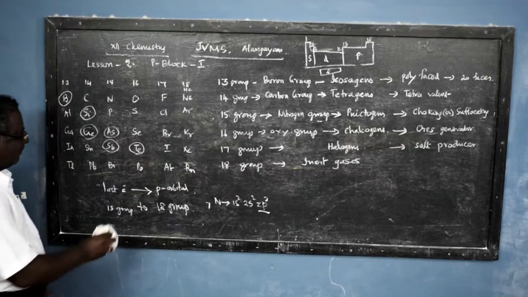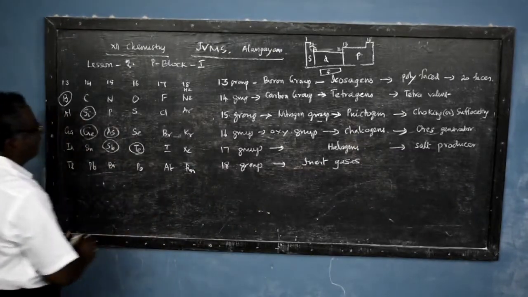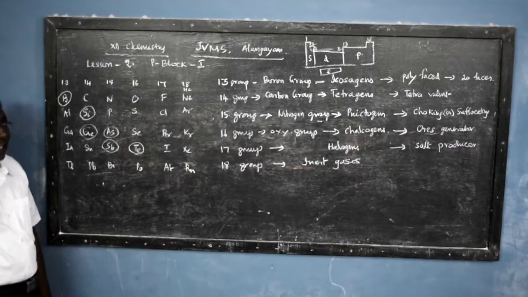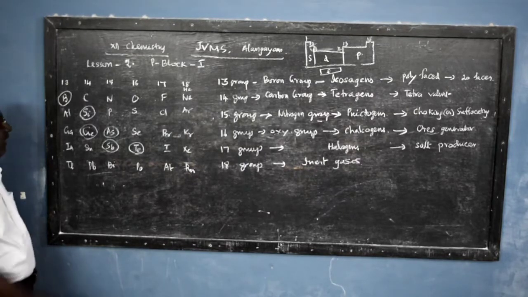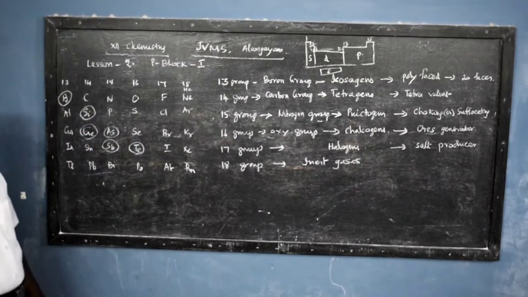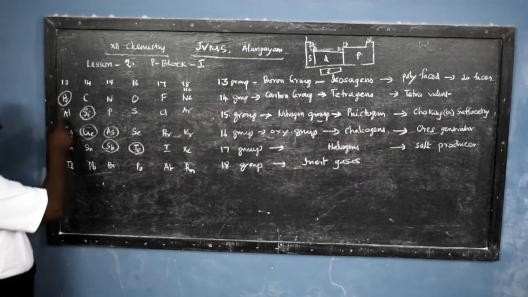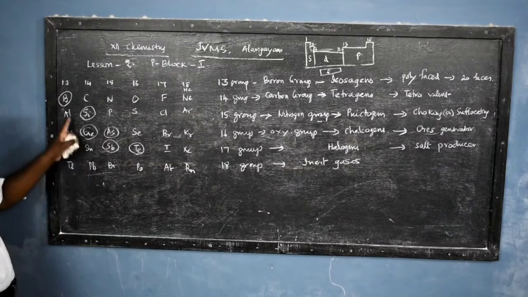So the P block is a very important block because it contains oxygen atom. Oxygen is the life-saving element for us. And it has got nitrogen, which is also equally important to give us almost all the fertilizers and other things. And the most abundant metal in this particular P block is aluminum.